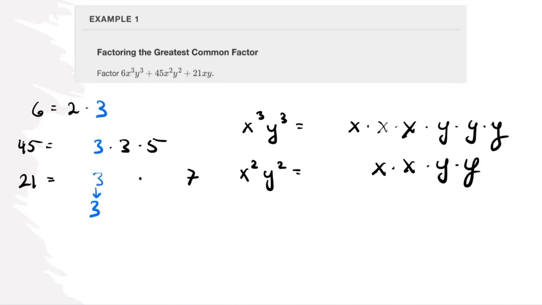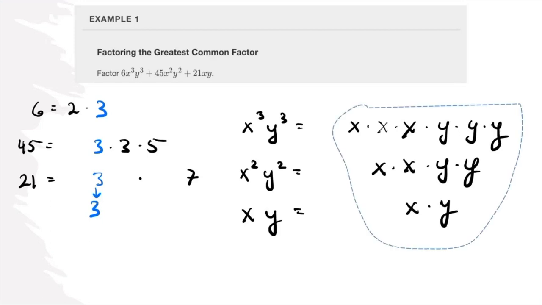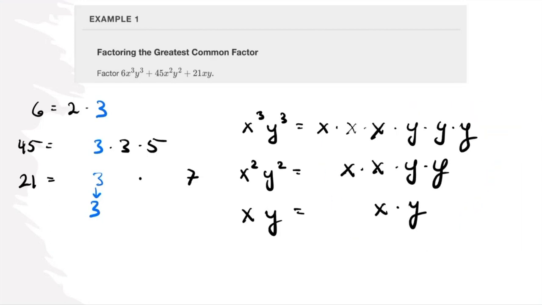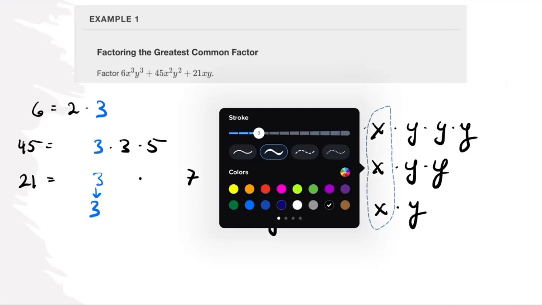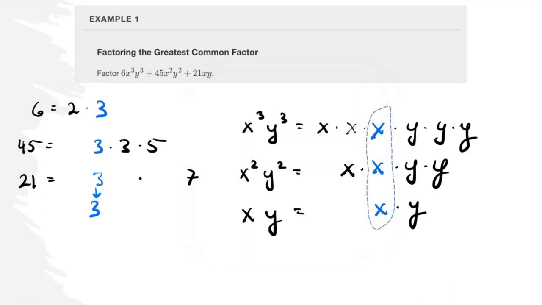Notice I'm lining up my like factors or like terms. And then we have x times y. Okay, so our greatest common factor, in other words, what's common to all of them? They all have this x. All right, so I'll highlight that one. I guess we could do it all as blue. They all have at least 1 x and they all have at least 1 y.